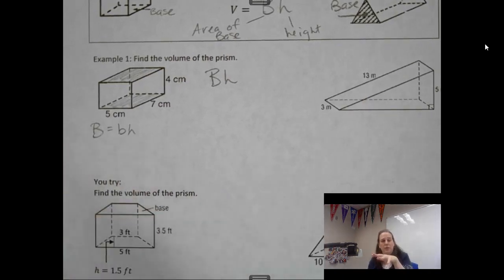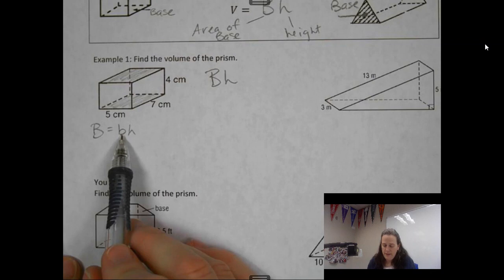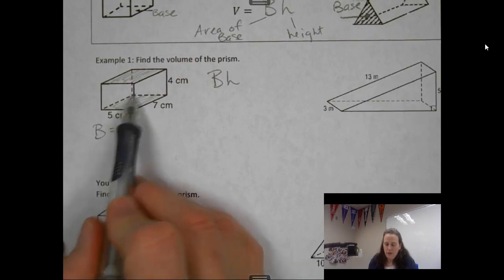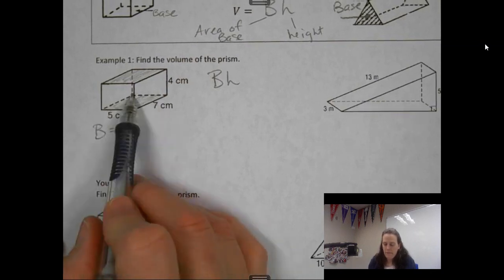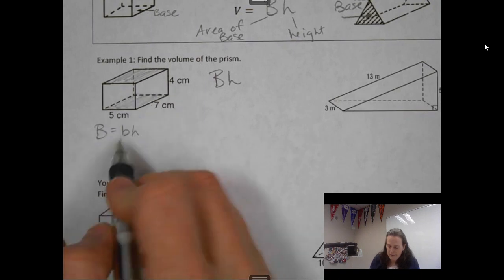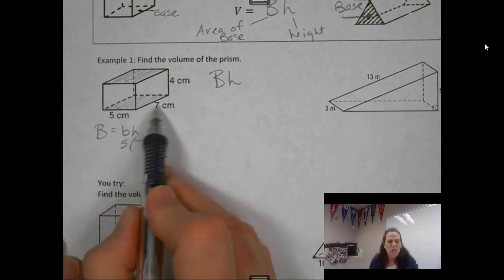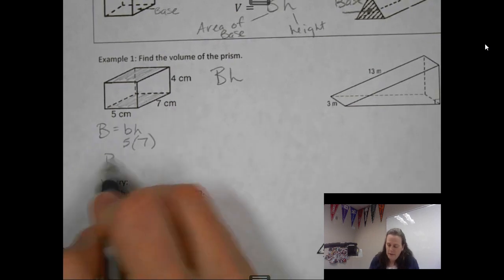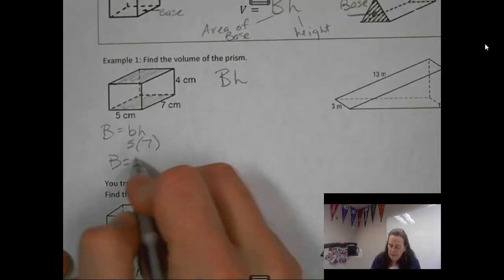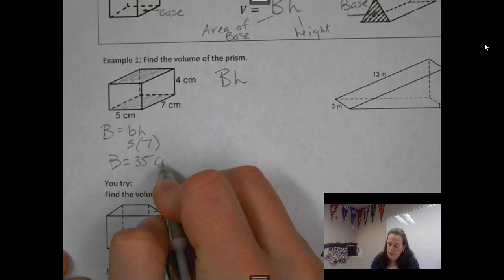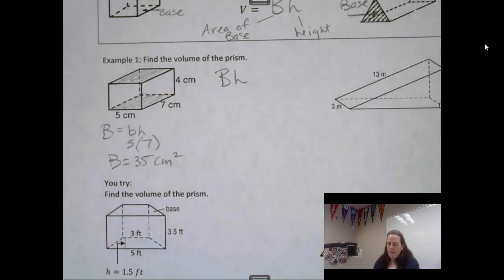It's a 2-dimensional shape. And then this b is used just for this rectangle. So to find the area of that rectangle, 5 times 7, those 2 sides. That means the base of this is 35 centimeters squared.